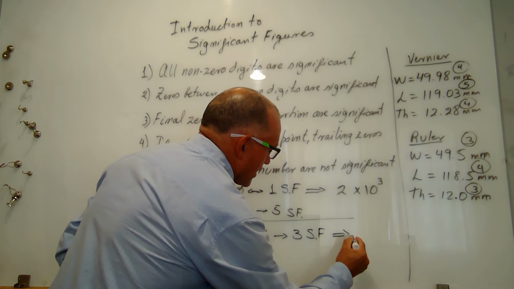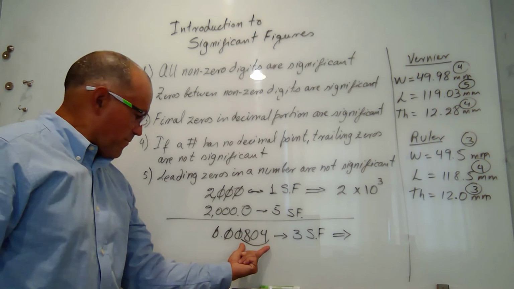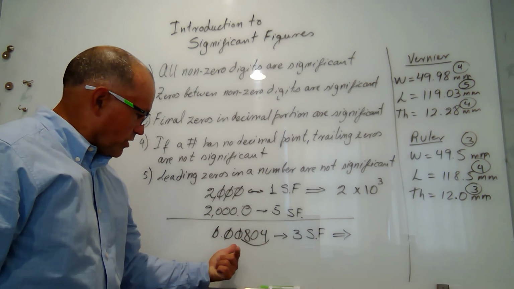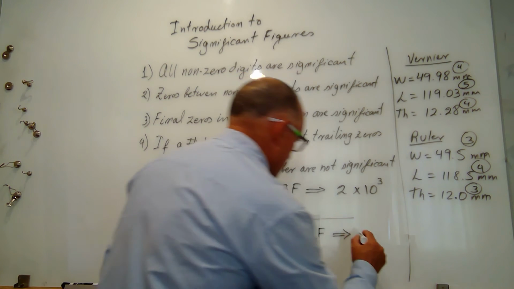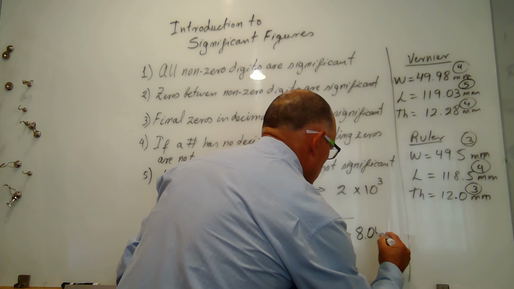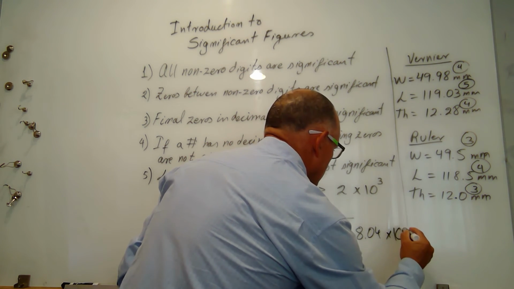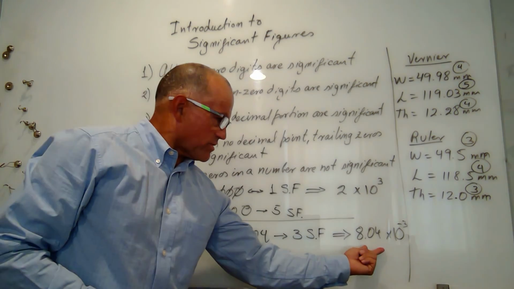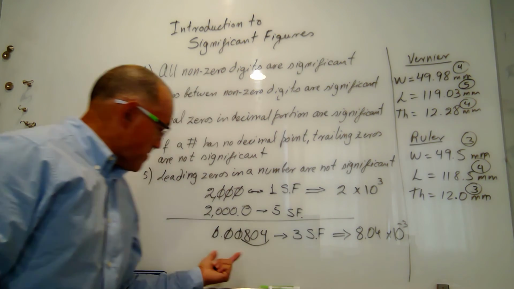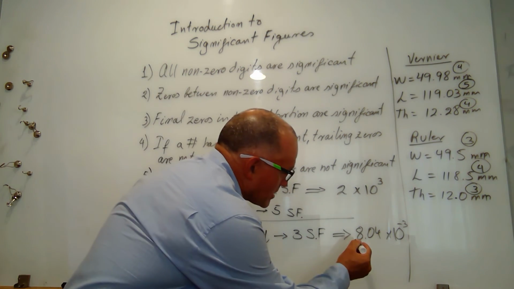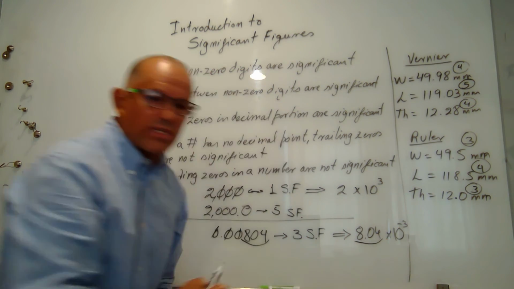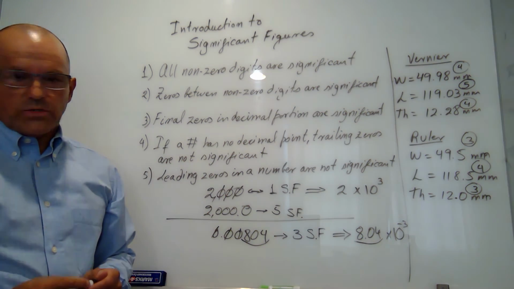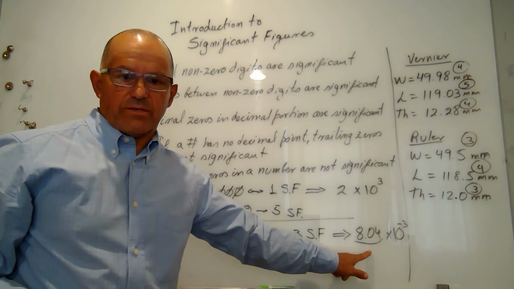Also I can rewrite the number 0.00804 as 8.04 times 10 to the negative 3, which is the engineering notation, but it's exactly the same number. And here I actually see only 3 significant figures, so it's a lot easier to see it here.